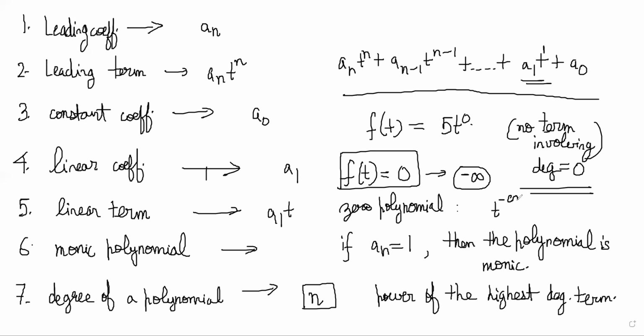So t to the power minus infinity will tend to 0, basically. Don't worry about this so much. Just know that if it is a 0 polynomial, by convention the degree is called minus infinity. And if it is a constant polynomial, the degree is called 0, and the constant has to be other than 0, right?